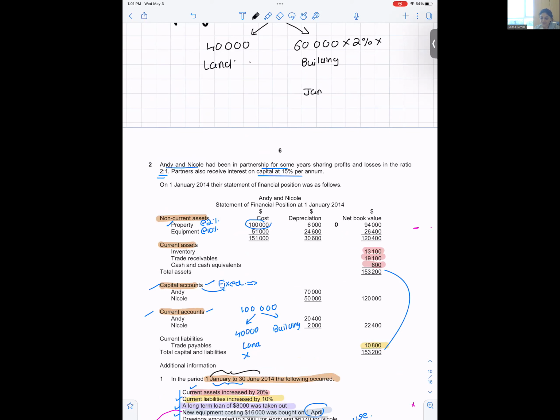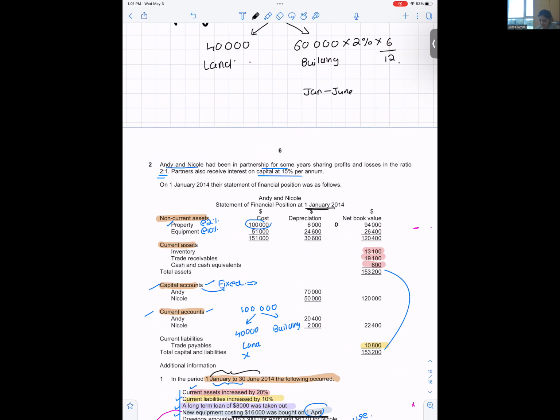So property is depreciated at 2% per annum. And from Jan to June, if I am calculating for 6 months, so property depreciation, and this is up till 1st Jan 2014. So 60,000 into 2% into 6 divided by 12.